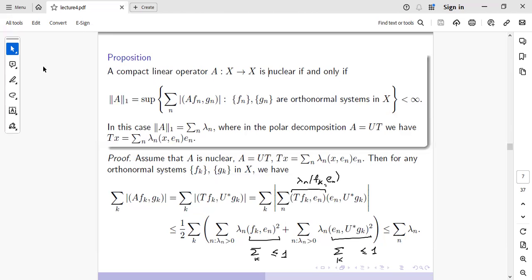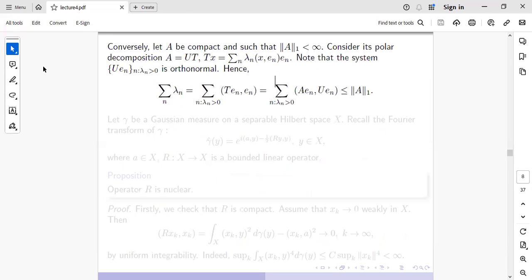And conversely, assume that A is compact and the supremum in the definition of nuclear norm is finite. Then write the polar decomposition of A and consider two orthonormal systems. One will be the basis e_n, and the second will be the system U e_n, which is also orthonormal since U is an isometry.